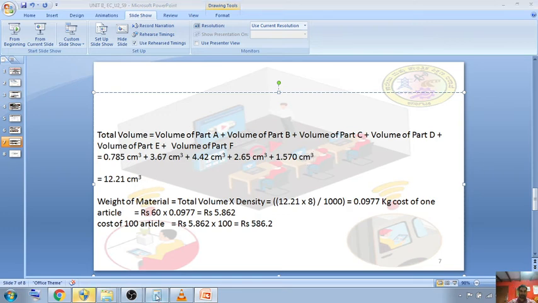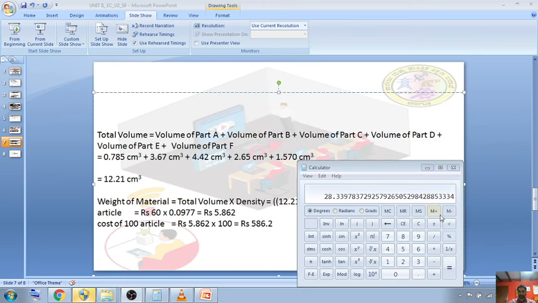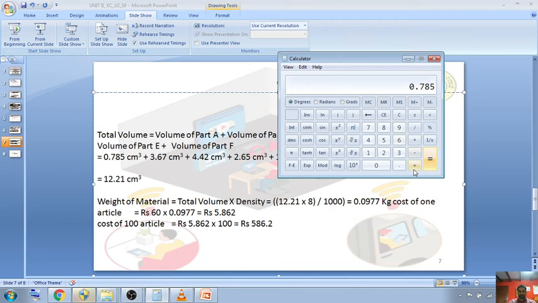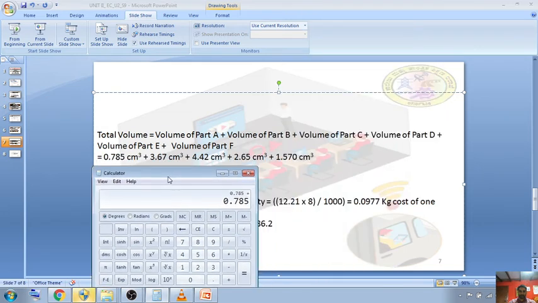The total volume will be 0.785 plus 3.67 plus 4.42 plus 2.65 plus 1.570, which is 13.095.